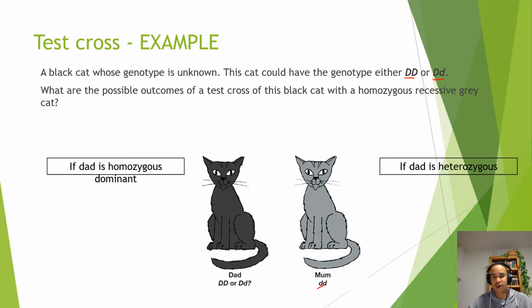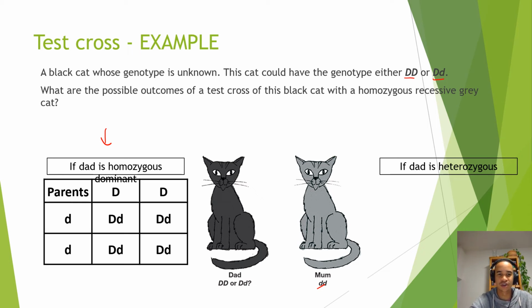So now we've got two possible outcomes. On the left, if the dad is homozygous dominant, and we perform that cross here, we can see that 100% of the children would be heterozygous.